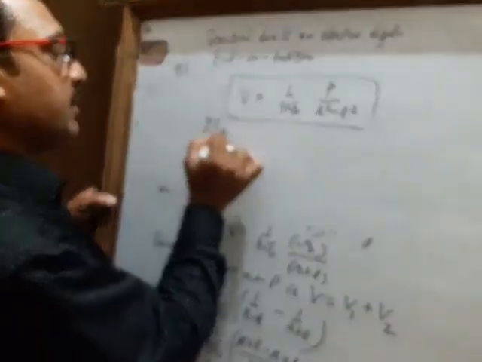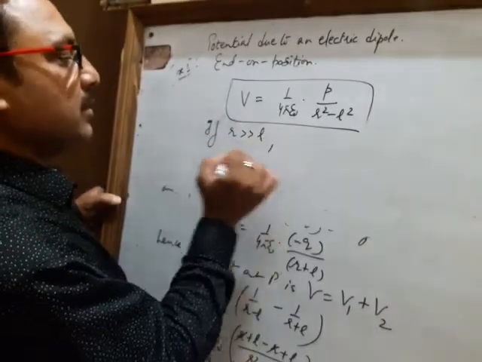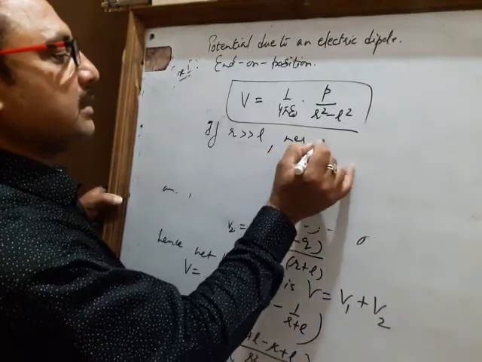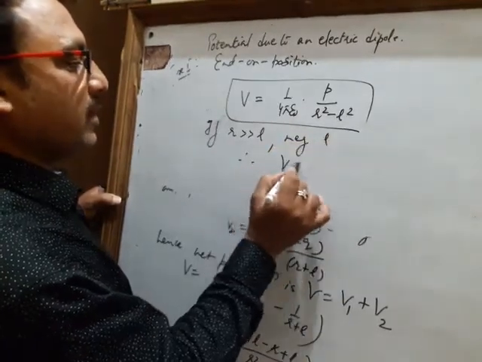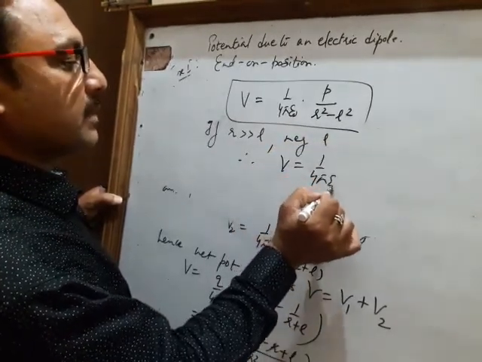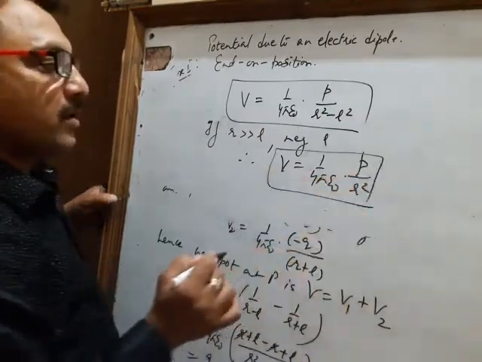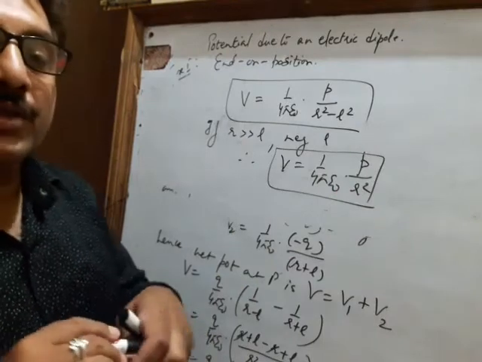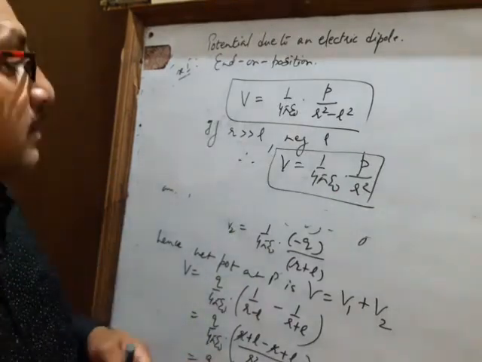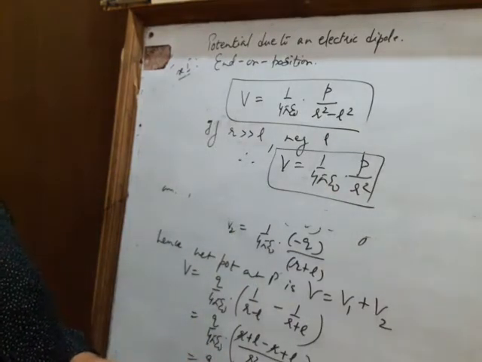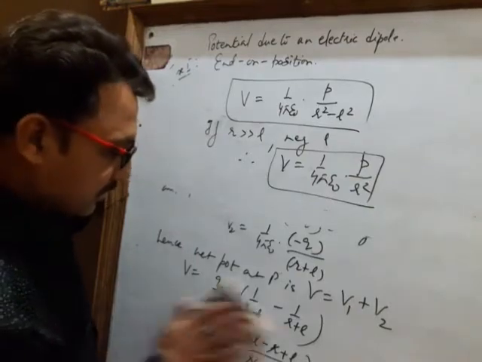If R is much greater than L, then neglect L. Therefore, V equal to 1 by 4 pi epsilon naught P upon R square. This is the formula for electric potential due to an electric dipole in the end-on position.